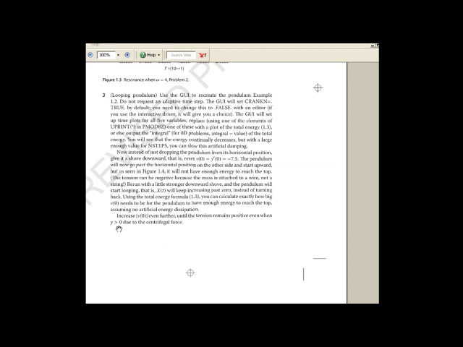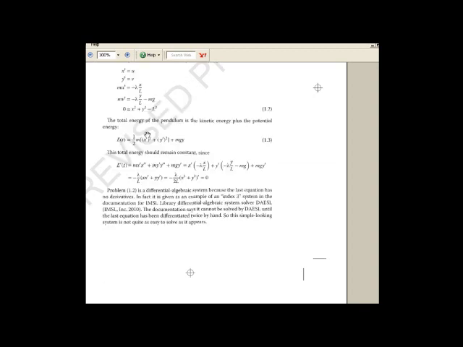And in fact, you can figure out exactly how big that v prime needs to be so that it will have enough energy to reach the top. You do that by looking at the total energy, which is the kinetic energy, 1/2 m times velocity squared, plus the potential energy, with y equals 0 being 0 potential energy. So the bigger y is, the more the potential energy, mgy. If you take the derivative E prime, you get exactly 0.